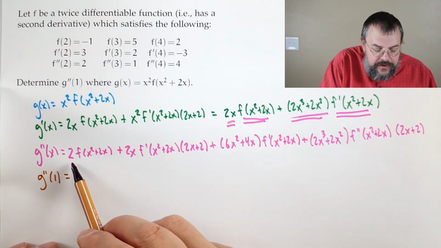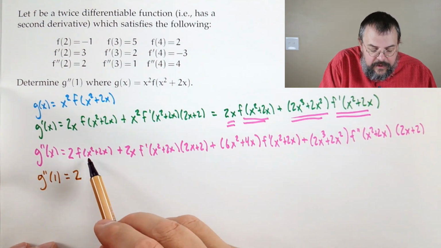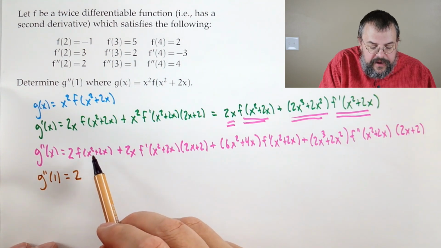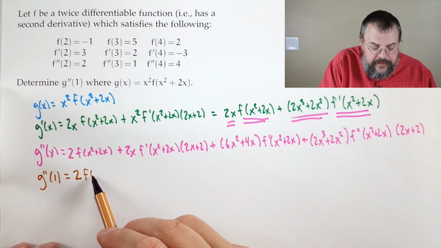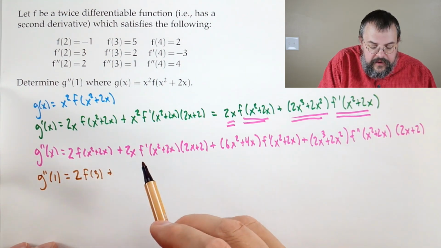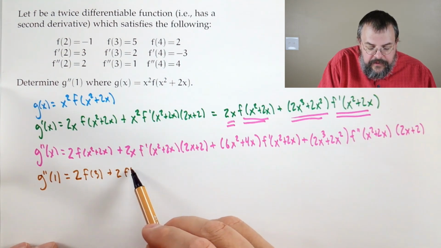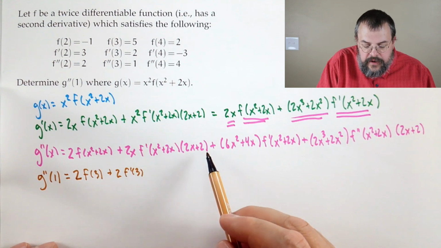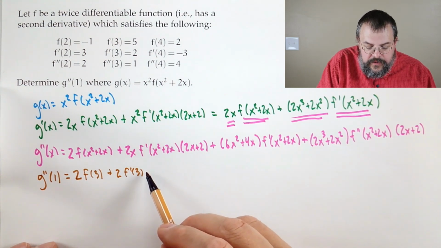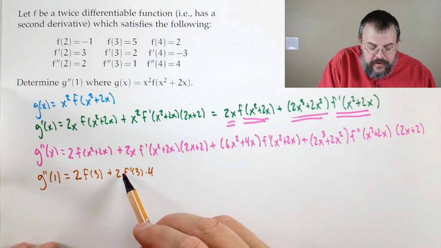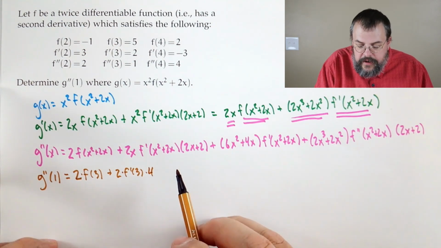All right, so we have 2. Now, x squared plus 2x, we're going to see that a lot. It's going to be 1 plus 2, which is 3. So 2 times f of 3 plus 2 times f prime of 3 times 2 plus 2, which is 4. So these are little multiplications here.